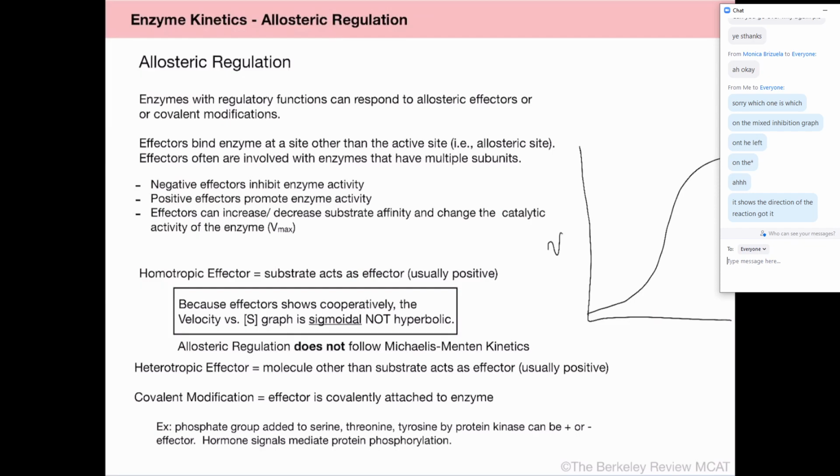Here's your velocity, and here's your substrate concentration. Depending on if it's a positive or a negative effector, it'll move it this way, right? Okay. And the takeaway for these is that allosteric regulation does not follow Michaelis-Menten kinetics, right? Because it shows cooperativity between amount of binding.